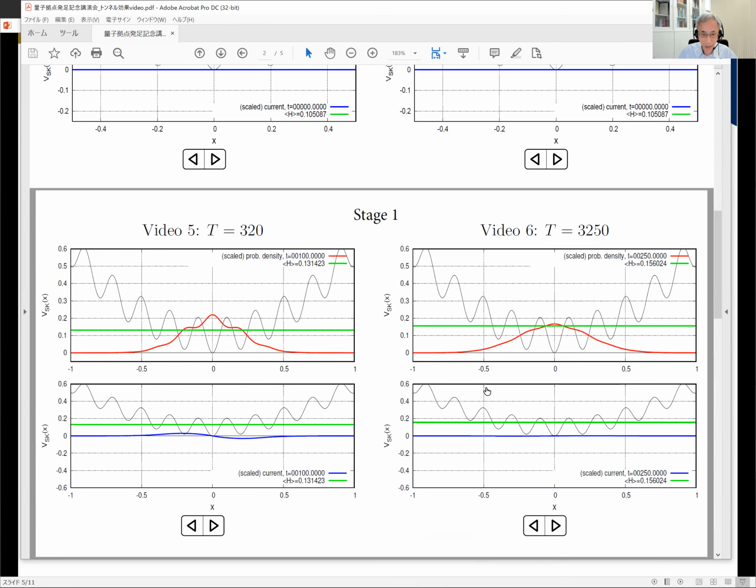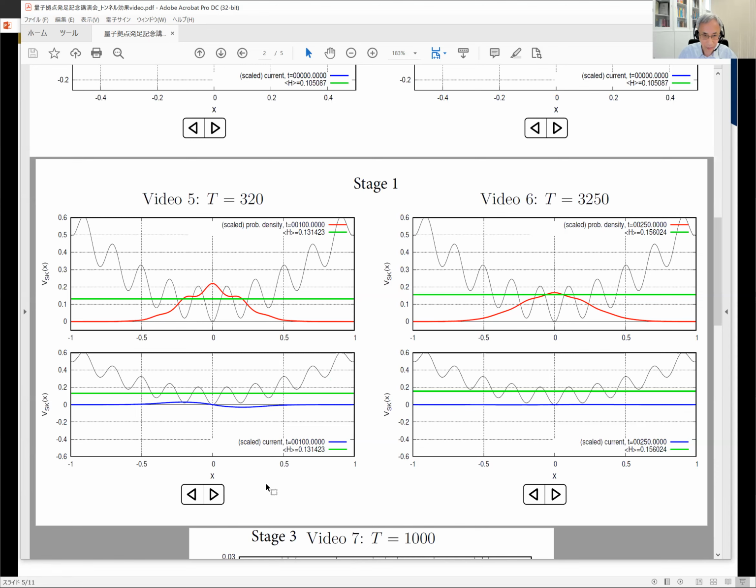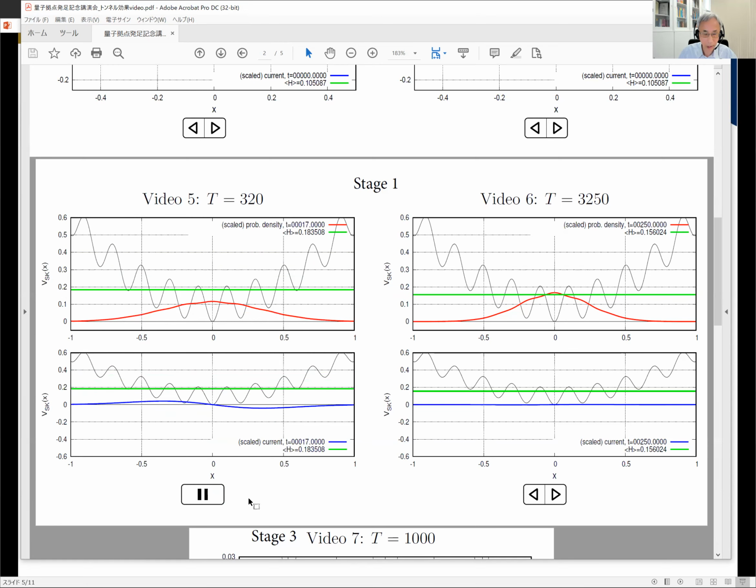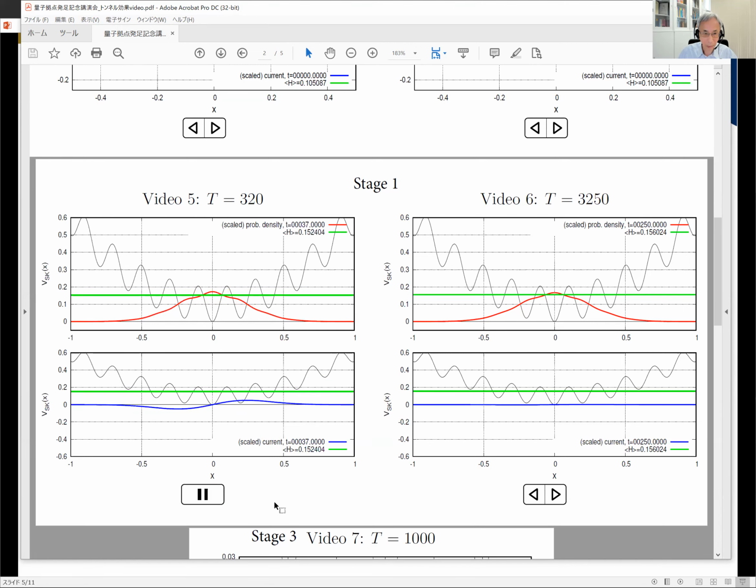And in stage 2, it is very interesting to see the behavior of those curves for very short annealing time, 320. The probability at the center increases eventually, but it is very non-monotonic.